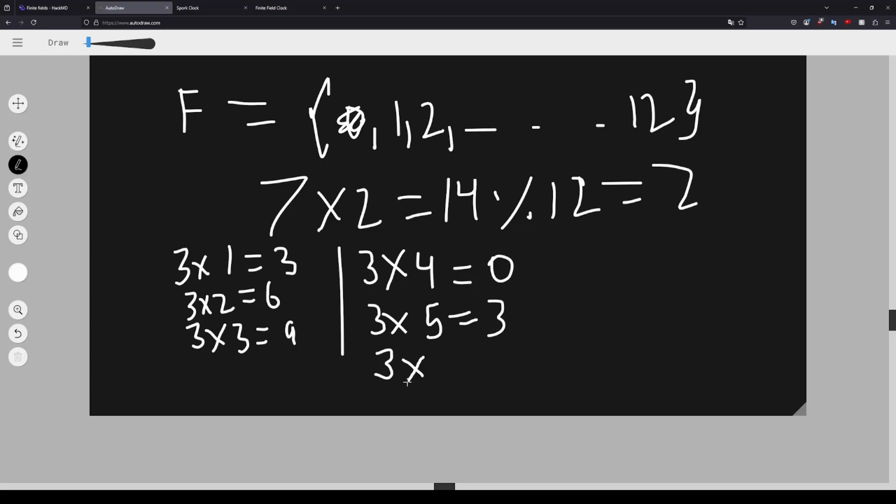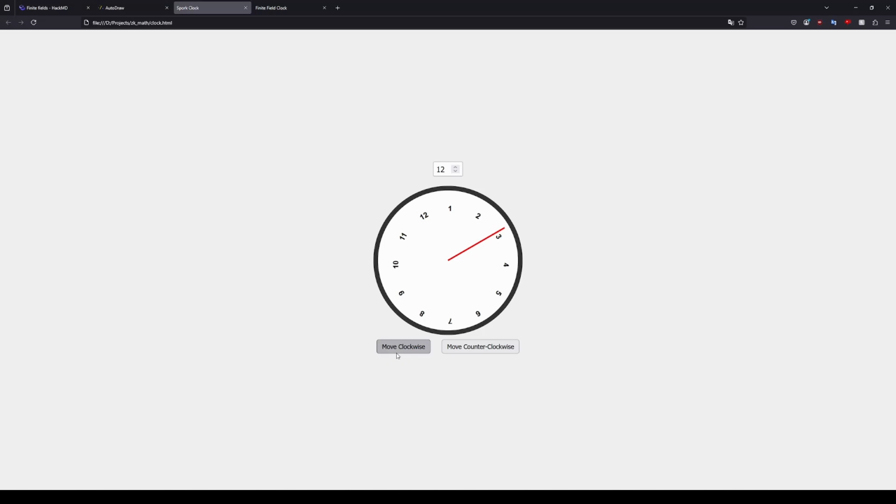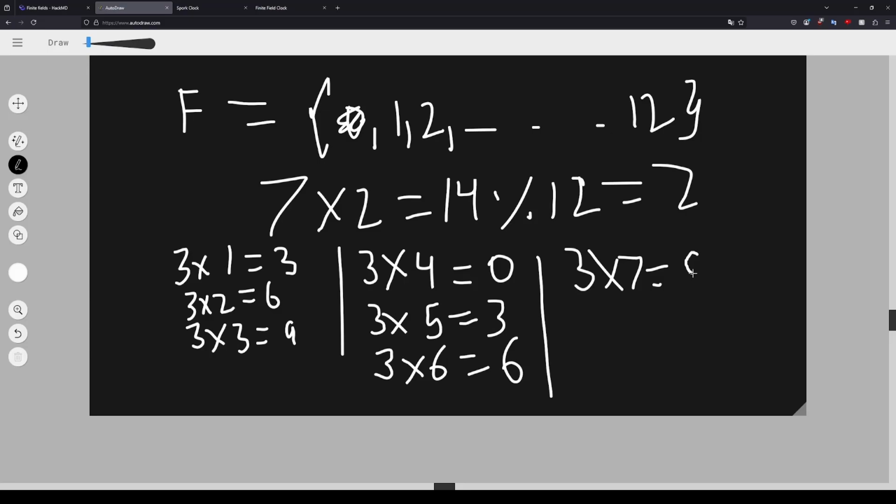Then 3 times 6 will be 6. And 3 times 7, 1, 2, 3. We are again stuck in a cyclic loop. You can't get to every number from a multiple of 3.